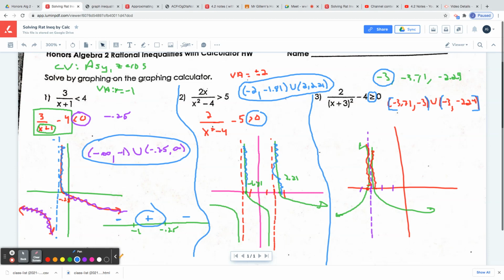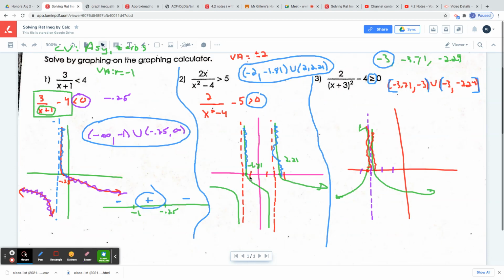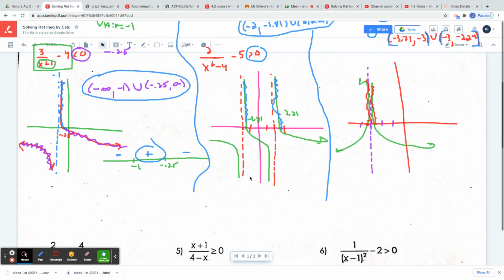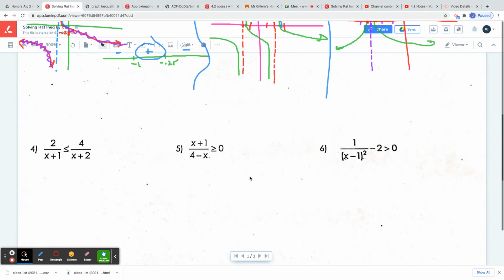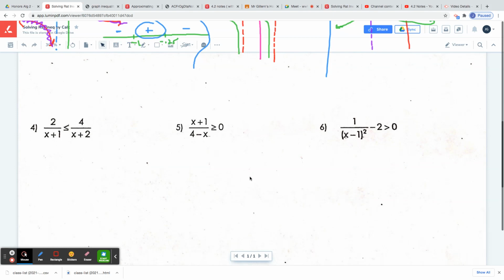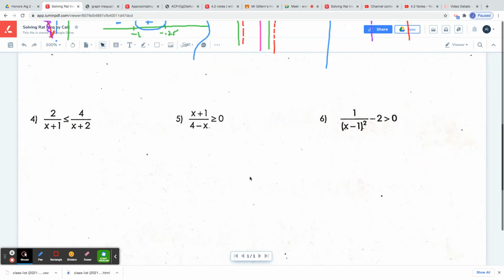All right. So what you guys are going to do, I already posted it on the classroom, is you're going to do 4 through 6. These 4 right here using the calculator. And then tomorrow, we are just going to review by hand and by calculator. And then Friday, right? Yes, I do see Friday.